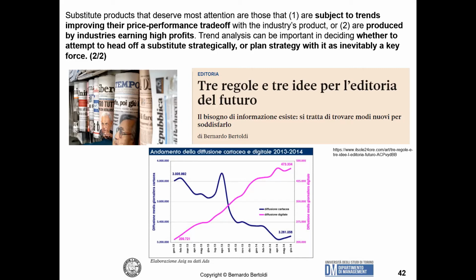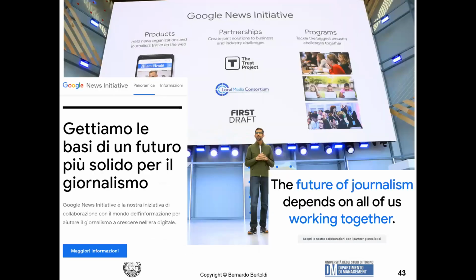So Porter is saying, when this happens, you should decide if you want to fight the substitute industry, or if you want to try to work with them in some way. And if you look at how strong the substitute industry of the tech giants is, it was Google that was first to create the Google News initiative.